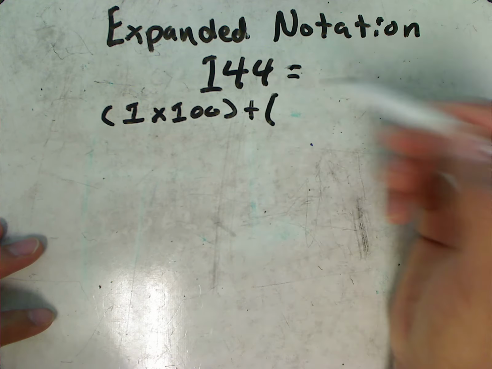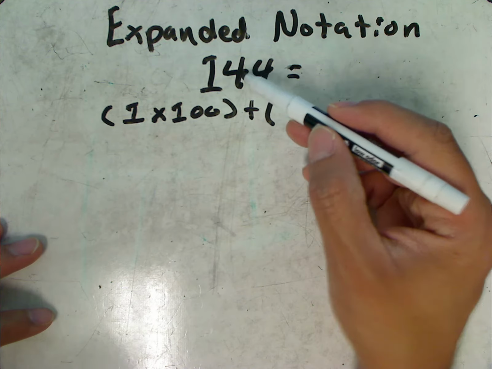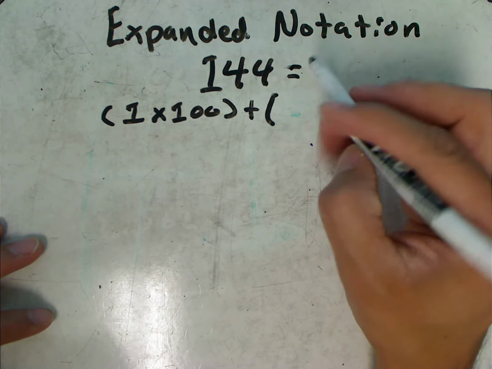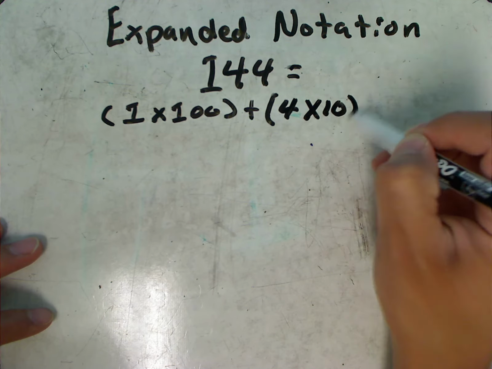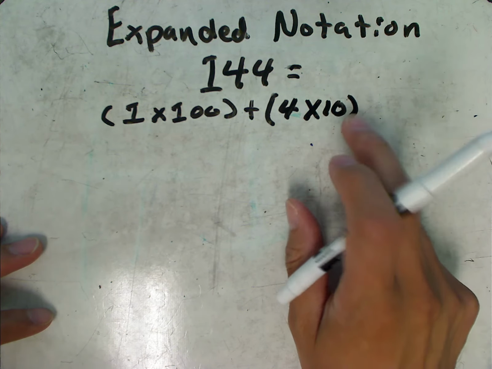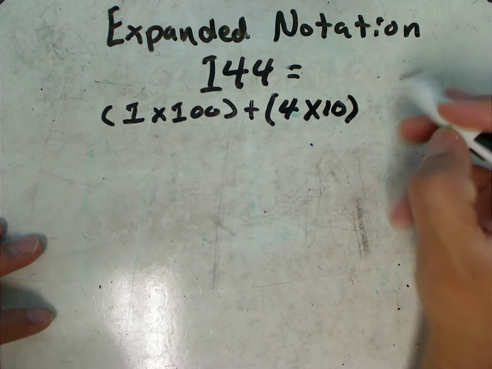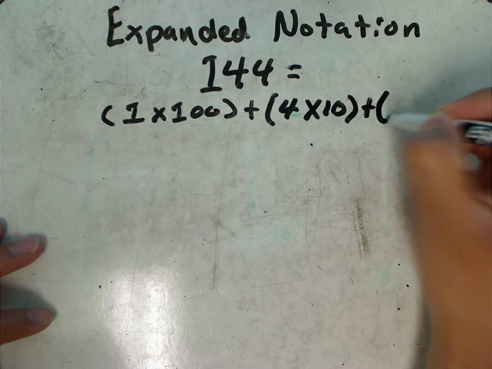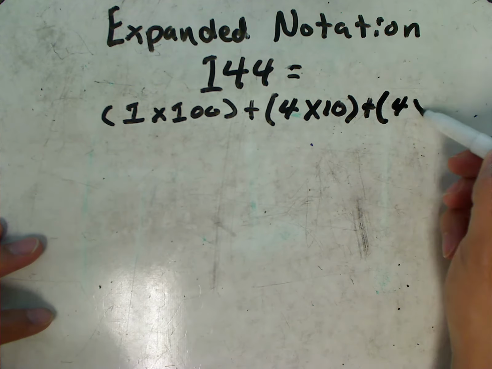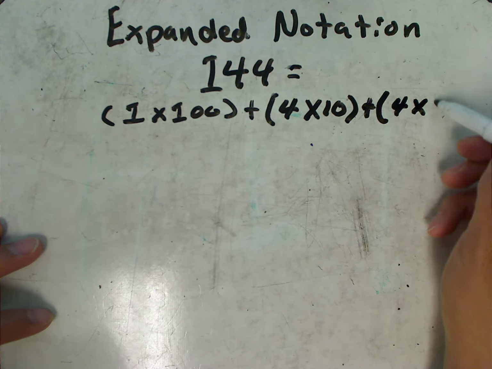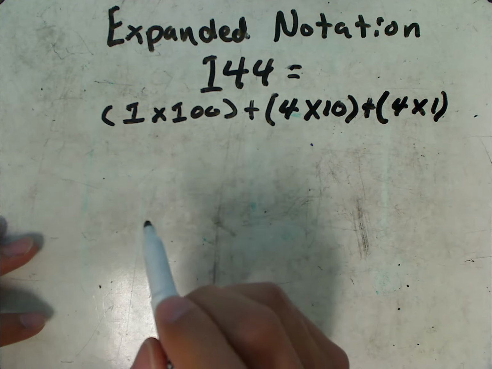Now here, our 4 is in our tens place, so I'm going to represent this as 4 times 10. There's that 10 that represents the tens place. And then finally here, I have 4 times 1 because my 4 is in my ones place.